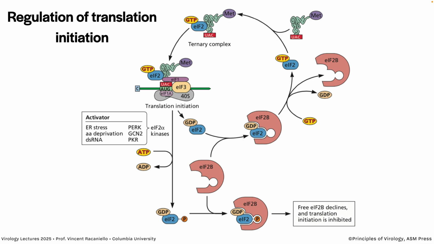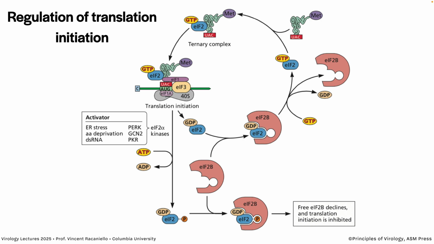And the conditions that lead to this include ER stress. So when a lot of misfolded proteins are made in the ER, there's a sensor that picks that up. It's called PERK, and it phosphorylates EIF2 alpha. If you deprive cells of amino acids, there's another kinase in the cell, GCN2, that phosphorylates EIF2.